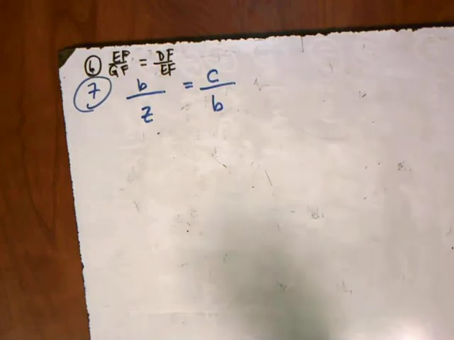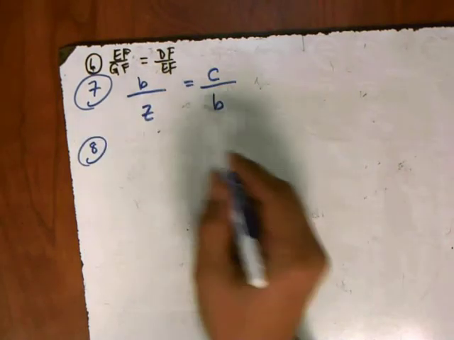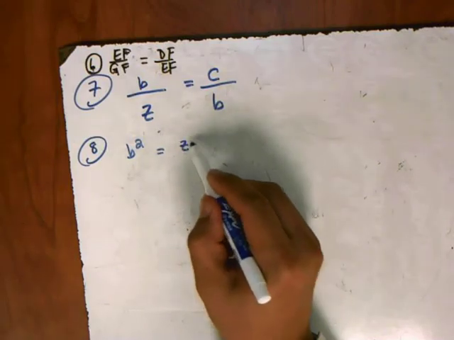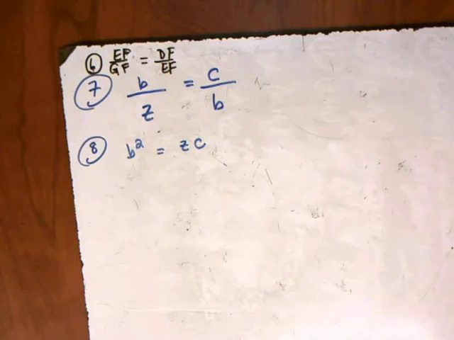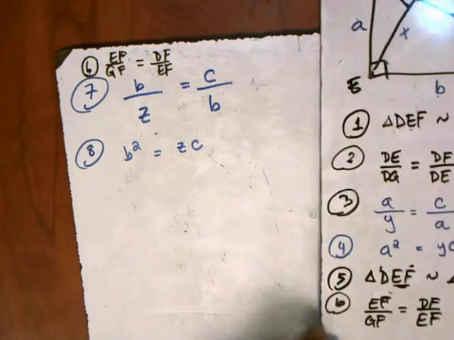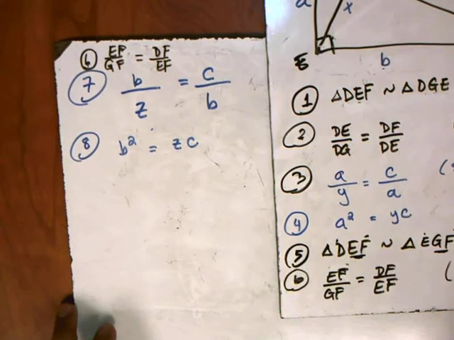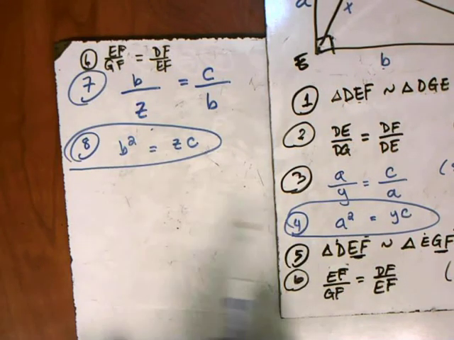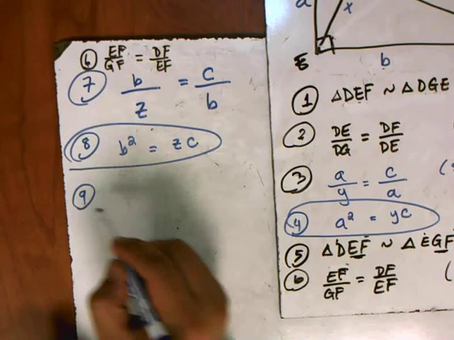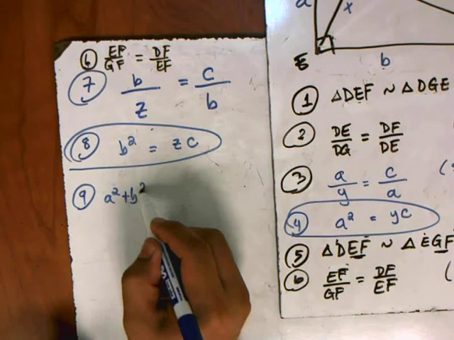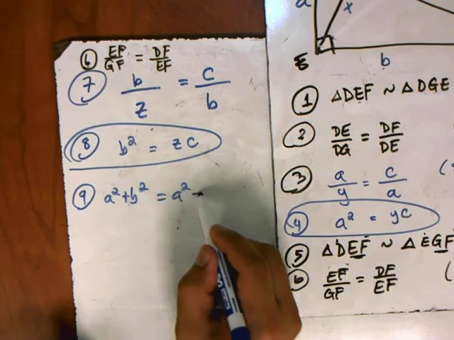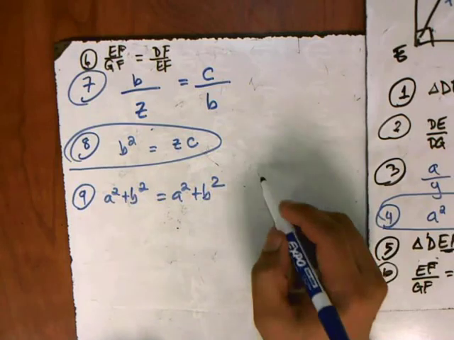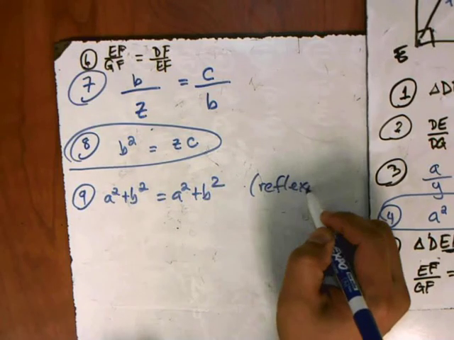Then I'm going to cross multiply and simplify here. Multiplying this direction gives me B squared is equal to Z times C. Let me back up a few steps. You can see from step 4 and step 8 that we have an expression for A squared and B squared, and I'm going to find a way to combine them together by using the reflexive property. So I'm going to write that A squared plus B squared is equal to A squared plus B squared. There's nothing wrong with that, because this is the reflexive property.